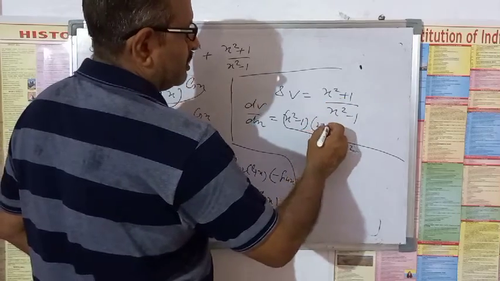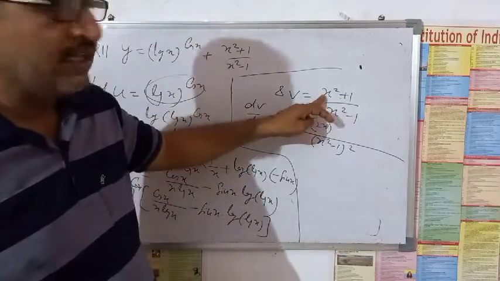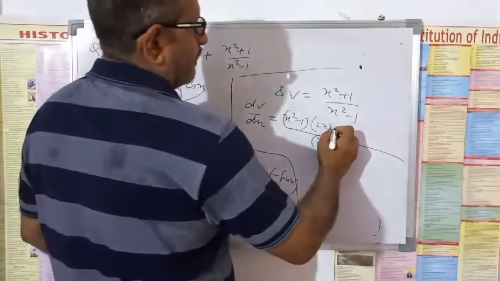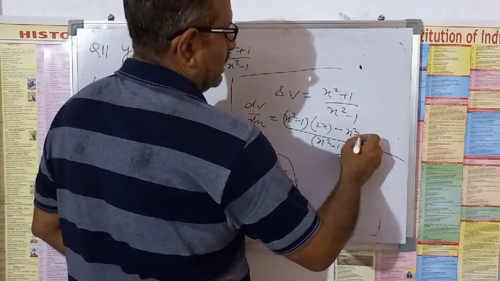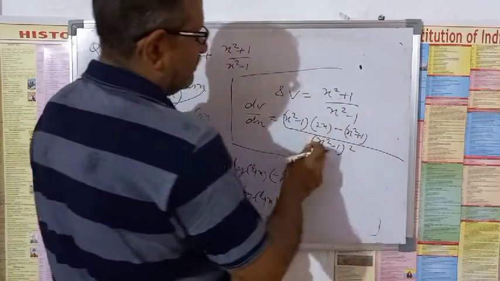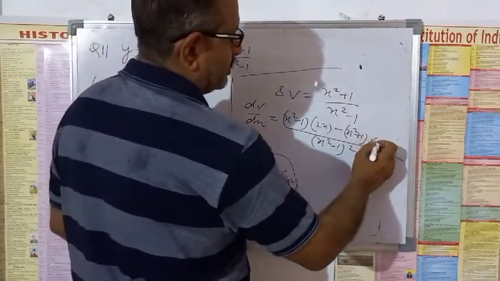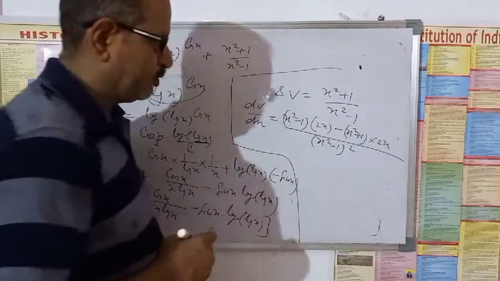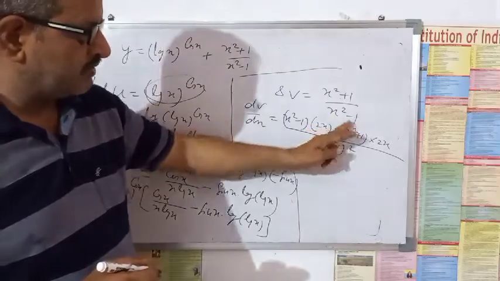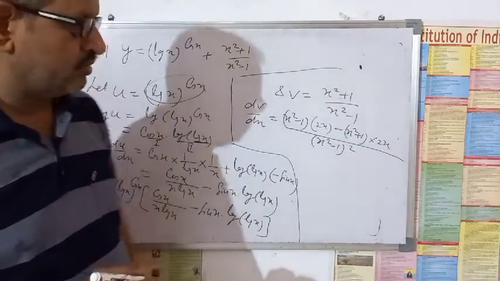So it will be 2x, numerator derivative, x square derivative 2x, 1 derivative is 0, minus x square plus 1 numerator, and derivative of denominator. So it is again 2x. X square minus 1 derivative is 2x minus 0.